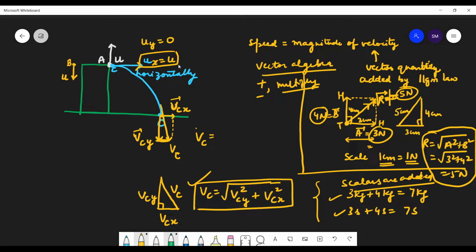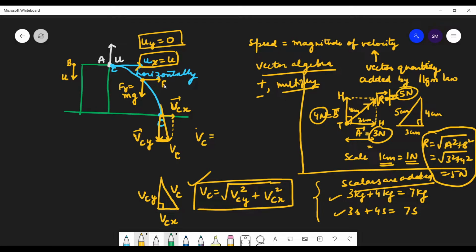Okay, so we have studied projectile motion in the last class. You can watch the video if you are absent. So when the object is in air, there is only one force acting on it, and that is gravitational force. That is the weight of the body, mg. So that is the Fy, force in y direction.